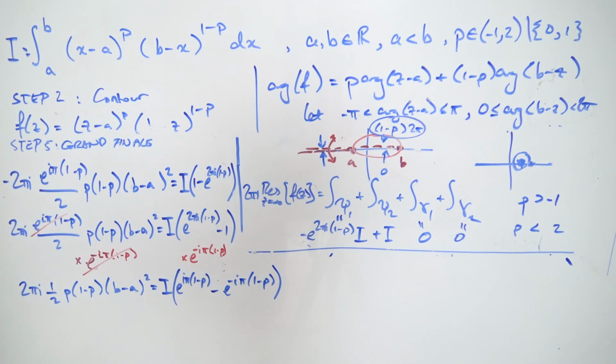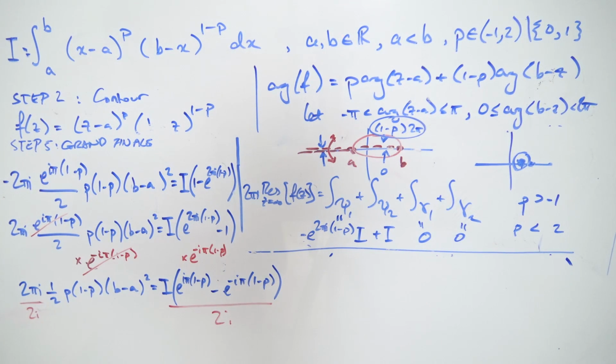Alright, and notice the reason why I did this is because this basically looks like the complex exponential definition of the sine function. We're just missing a division by 2i. So let's go ahead and divide both sides by 2i. We have a 2i waiting for us nicely on the left-hand side over here.